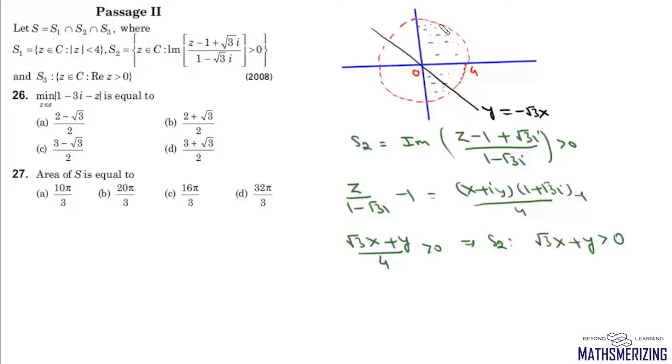So all the points in this set S will lie inside this region, and this angle is 90 and this angle is pi by 3.